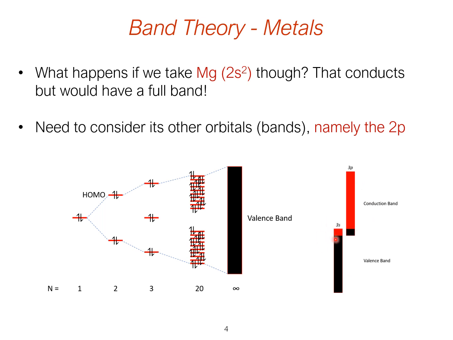So some of the electrons will leave the 3s band, or the valence band, and go into the conduction band, and then we do end up with a partially filled conduction band, and then we can get electricity flowing. We get conduction, and that's why things like magnesium, even though they seem at first like they should be a tricky case, they do still follow the rules, and we do still get electrical conduction.